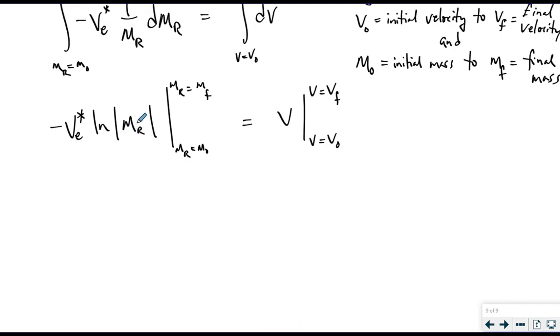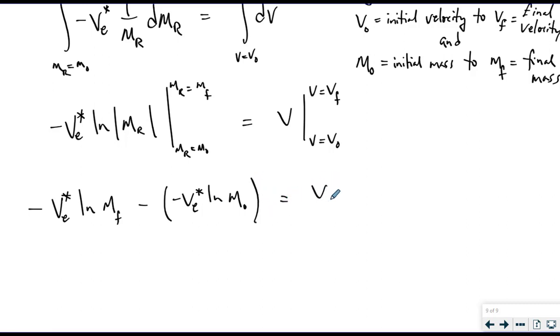Now, of course, the mass of the rocket is positive, and plugging in these two values, well, let's write it out. It's going to be minus ve star ln of the mass of the rocket, which I'll take positive, minus, and there's a negative in the function here in the antiderivative, so this is minus ve star ln with m0 plugged in.